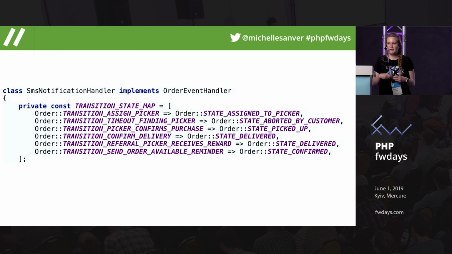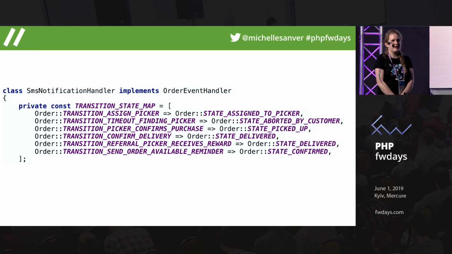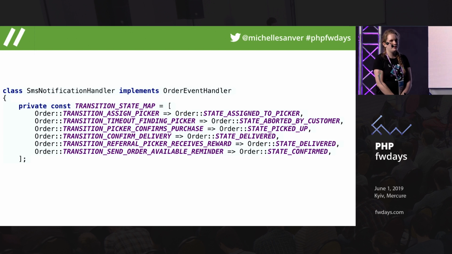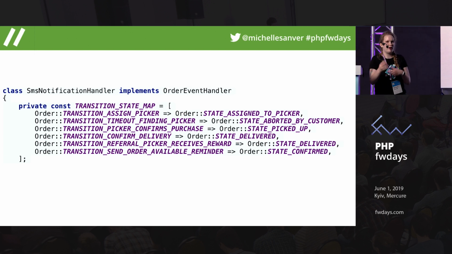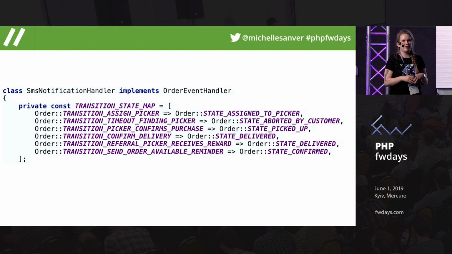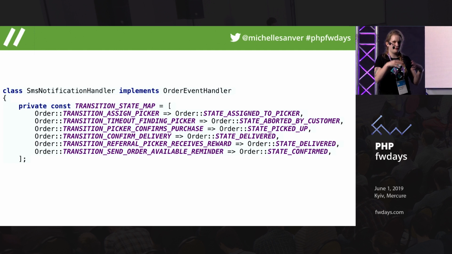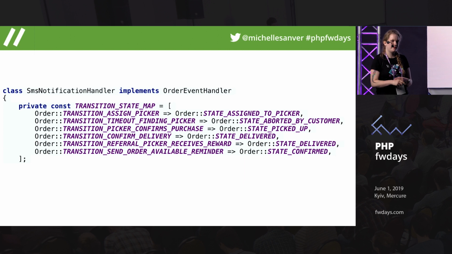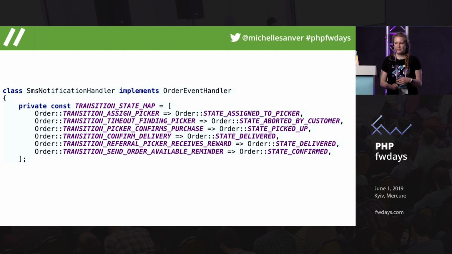And then in the SMS notification handler, we have all the transitions that we can handle. And then what it does is that it has a RabbitMQ queue, and it queues up all the events. And if we see that there's a lot of events, we auto-scale the workers, so we have a lot of workers that handle and send out these push notifications. That's very quick, simplified.